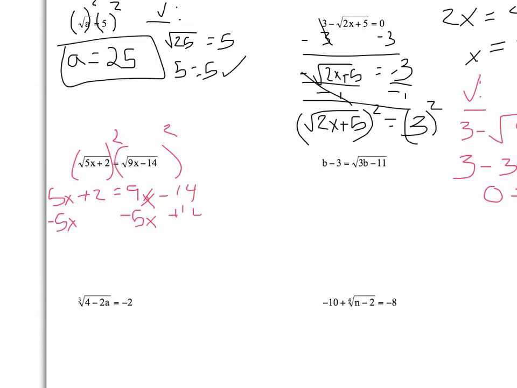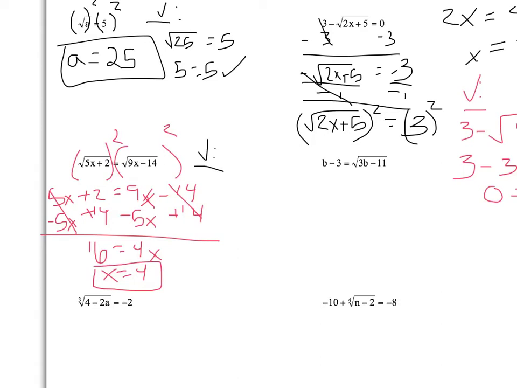I'm going to add the 14. So I get 16 equals 4x. Divide by 4, x equals 4. Now I'm going to check to make sure it works. So for our check, 4 times 5 is 20, plus 2 is radical 22, has to equal 9 times 4 is 36, minus 14 is radical 22. So it does check out.